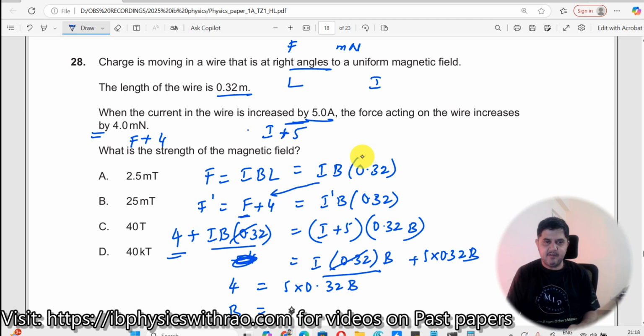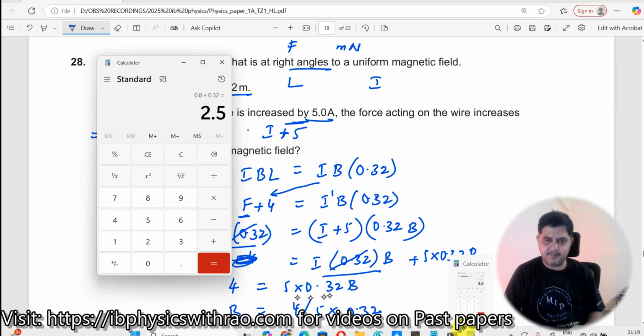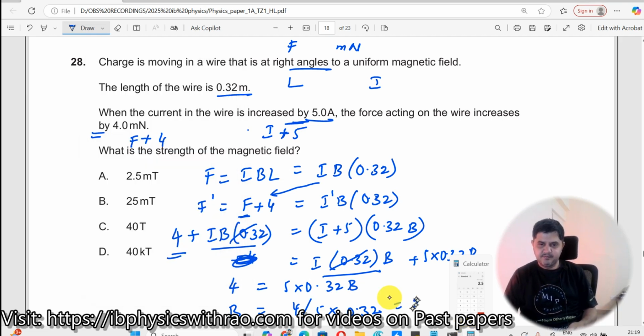The value of B would now be 4 divided by 5 into 0.32. Just check whether we have missed anything. We have not missed anything. So 4 divided by 5 divided by 0.32 is equal to 2.5.